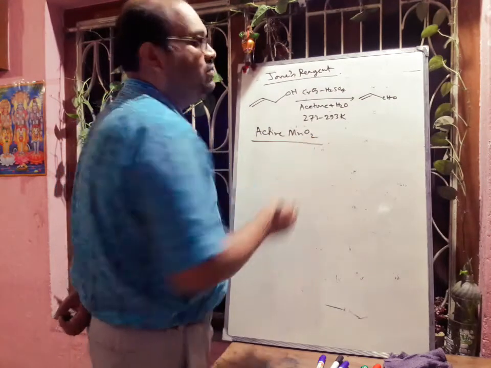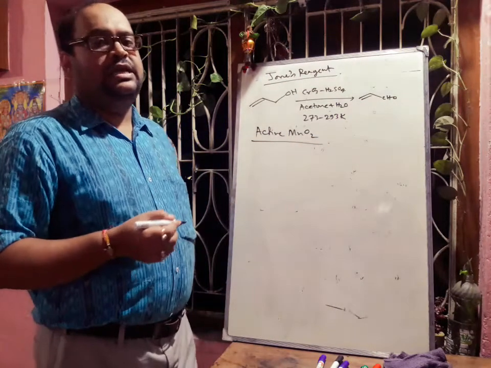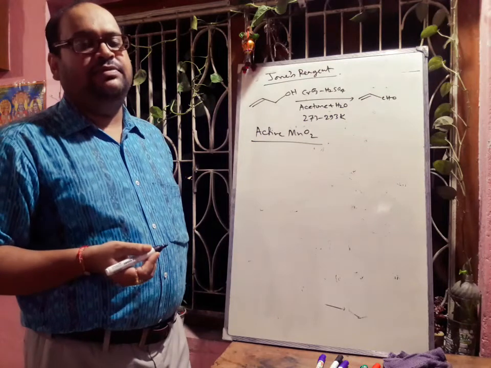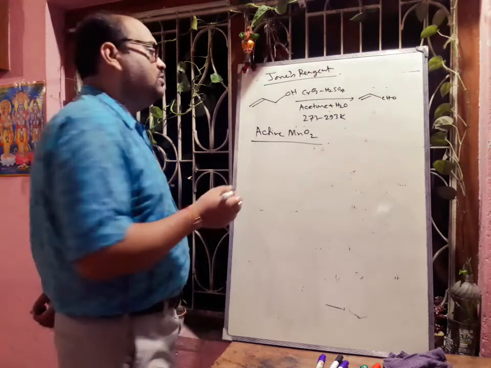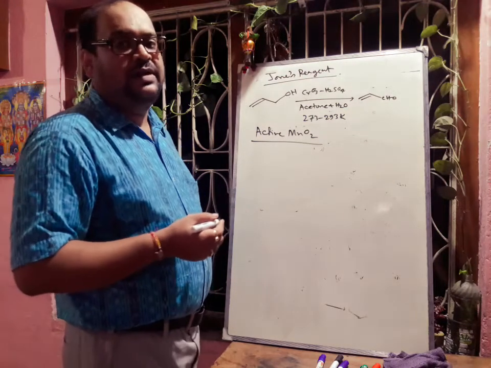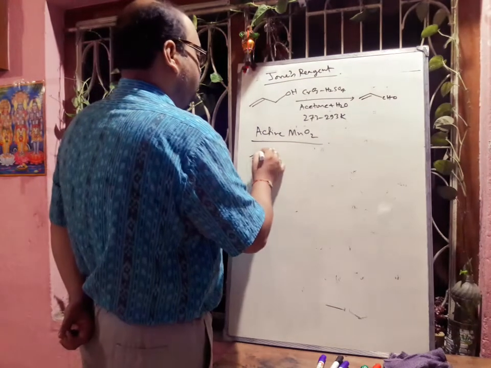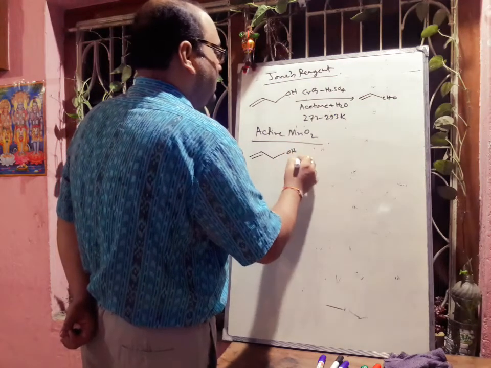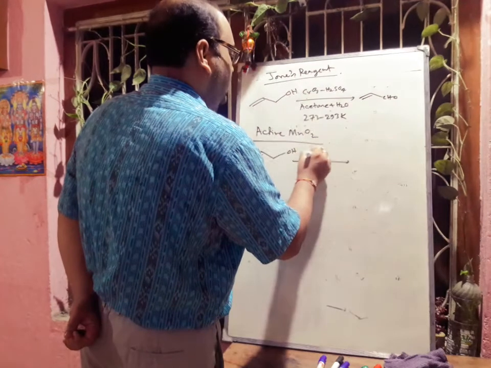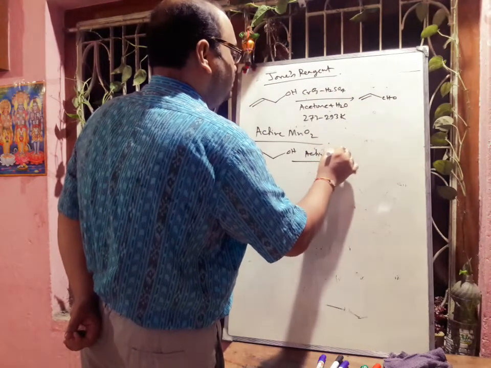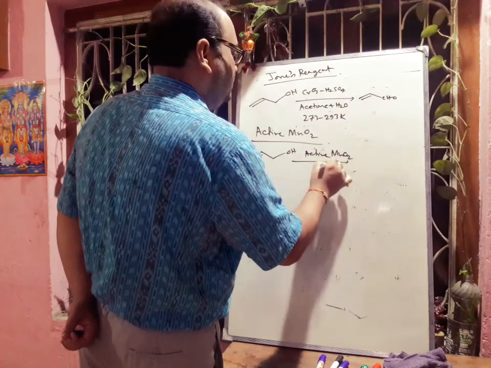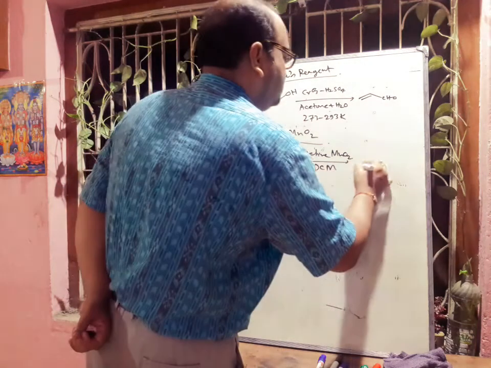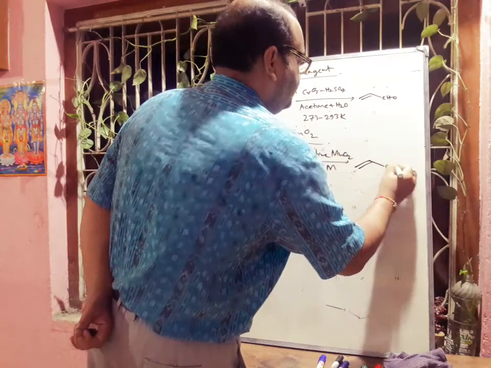Next we can use another very important reagent, that is active MnO2. Freshly prepared MnO2 generally becomes active, and here also we can use the solvent DCM. So we take this allylic alcohol and active MnO2 in presence of DCM, that will also produce acrolein.